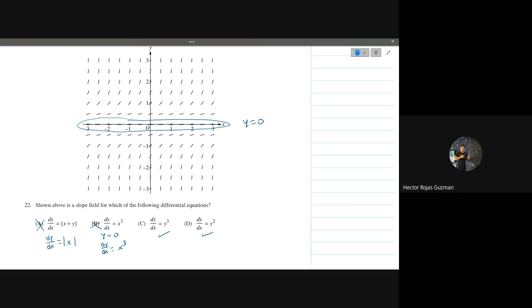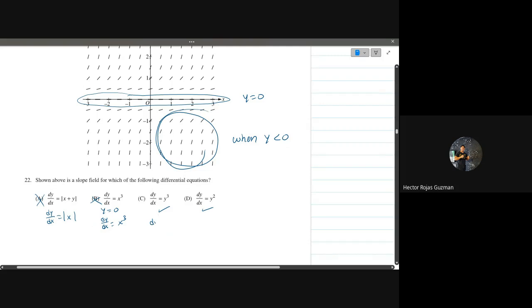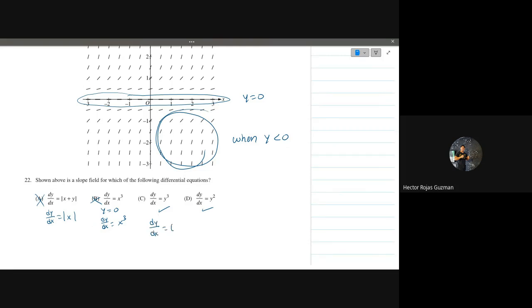Okay. Now, if I plug in any point in this region when y is negative, let's see what happens with my derivatives. dy dx equals, pick any random negative value, -2.